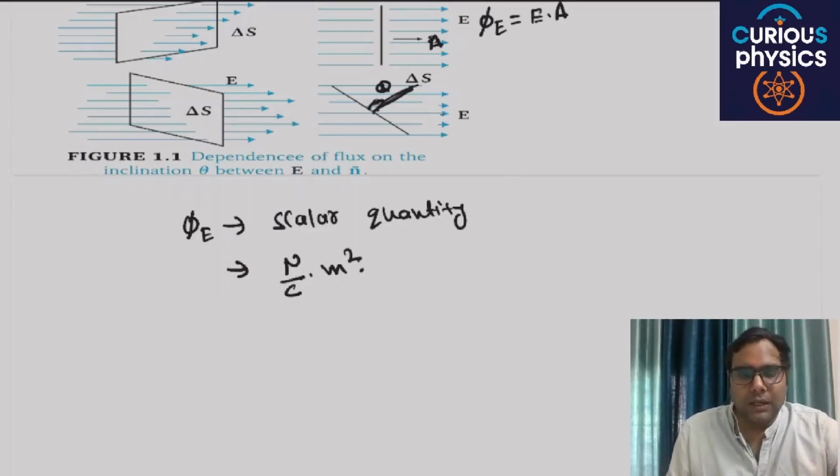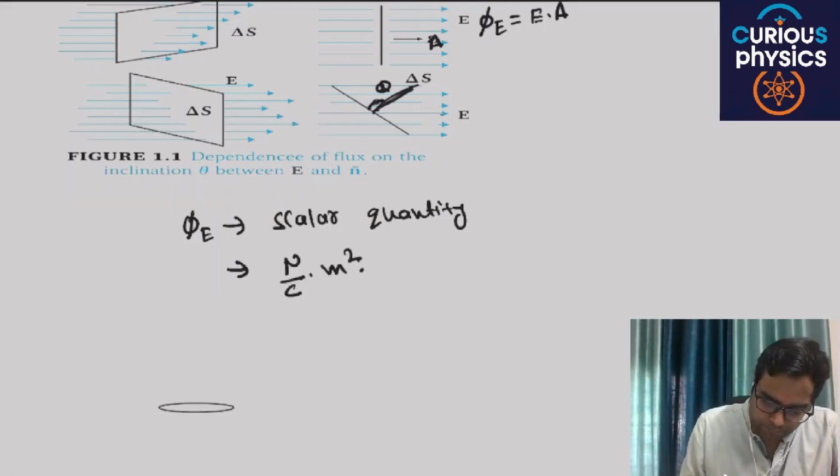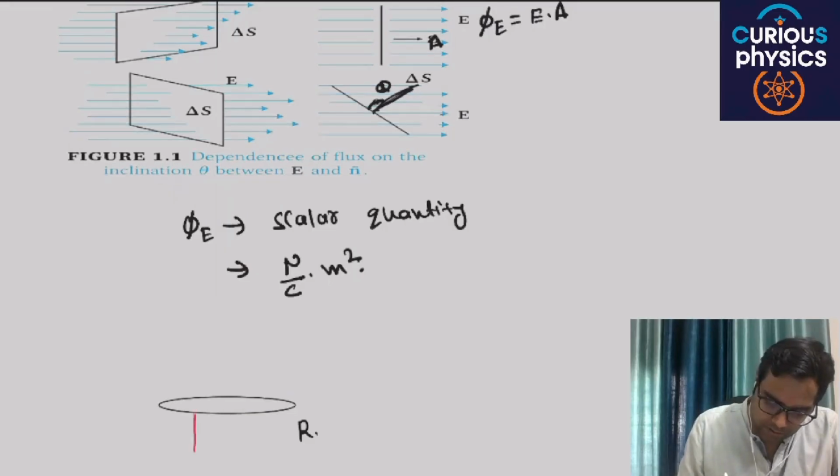This is your electric flux. For example, if I take an example of a sphere of radius r, with electric field lines, two cases. Case 1, for example, this.